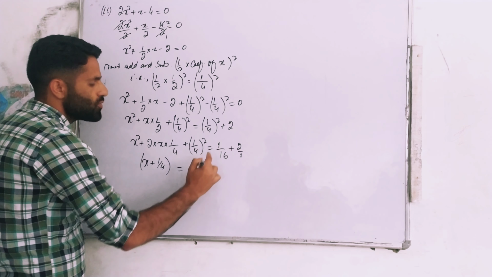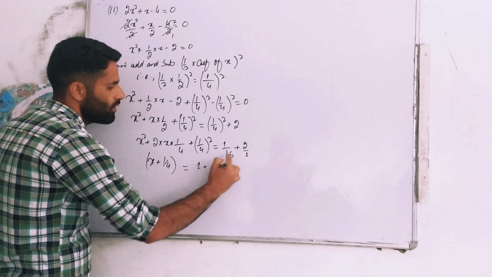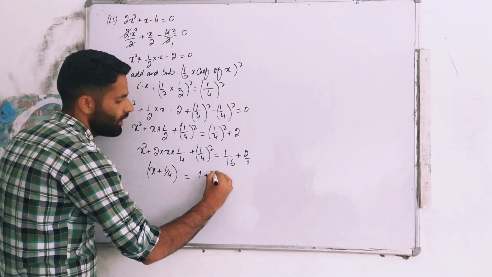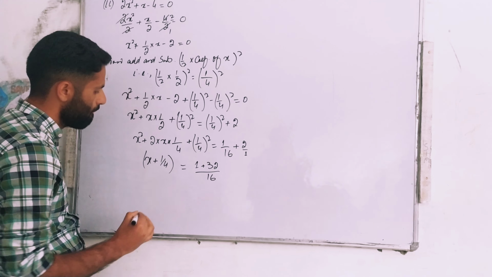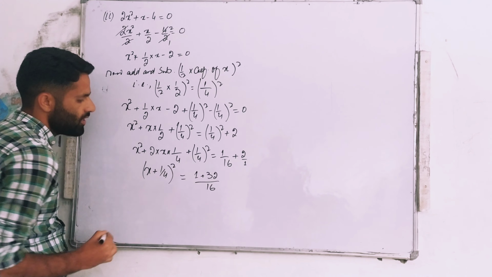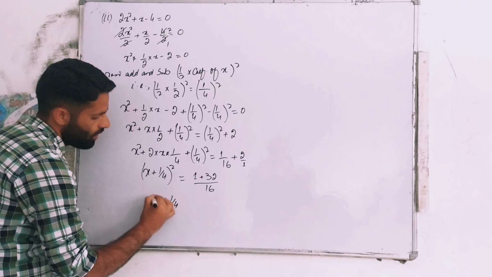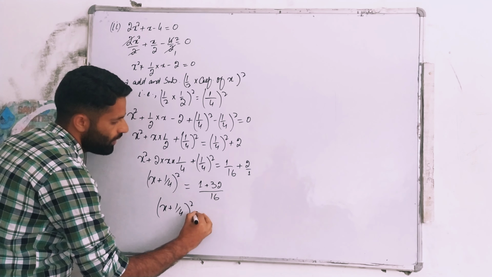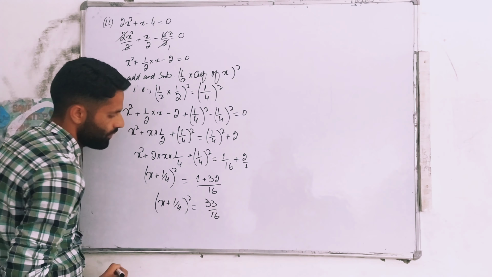You will apply a cross multiplication method here. 1 into 1 will be 1 plus 2 into 16 will be 32 and the denominator will be 16. You will keep a raised power here. X plus 1 by 4 whole square will be 33 divided by 16.